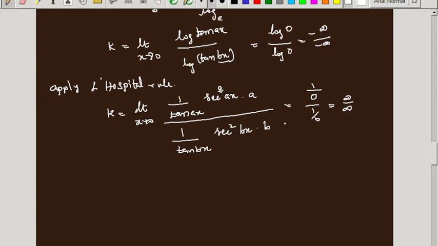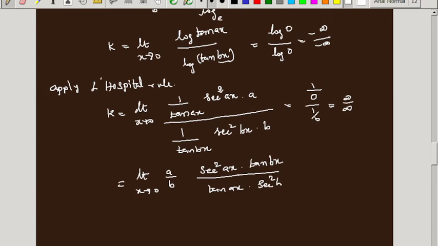We first take secant square ax and dividing by tan ax. Here if we take the reciprocal of this one, we get tan bx in the numerator and secant square bx in the denominator.